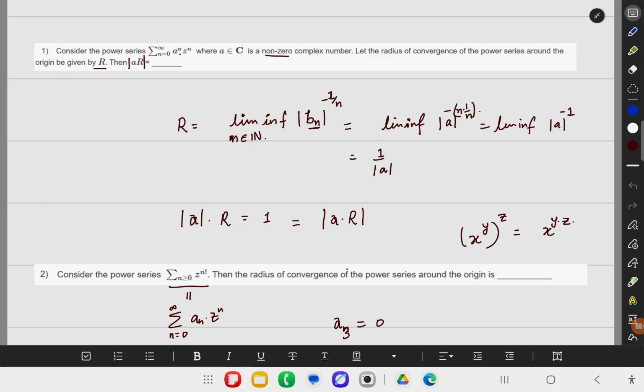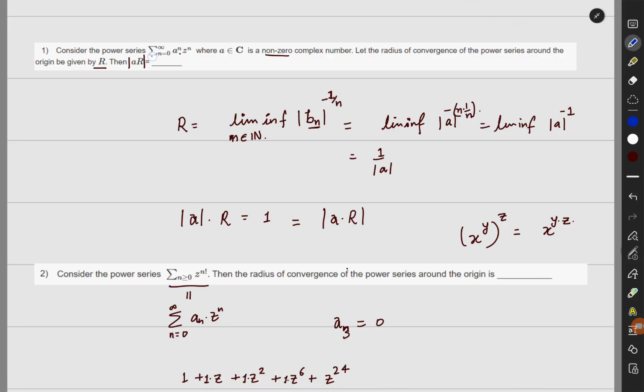We started with the first assignment problem, where we want to know modulus of a into r, where r is the radius of convergence of this power series, where a is any non-zero complex number. So we want to calculate r.